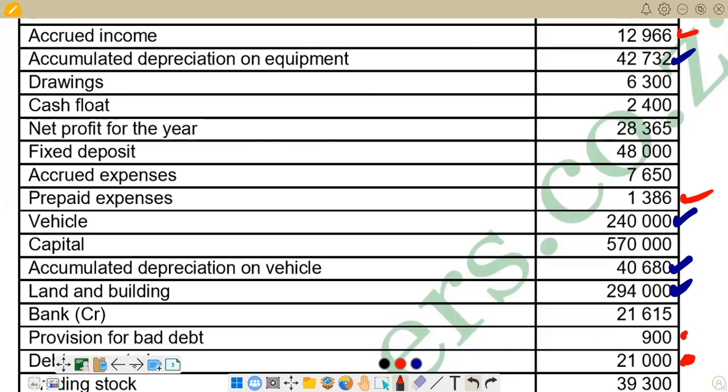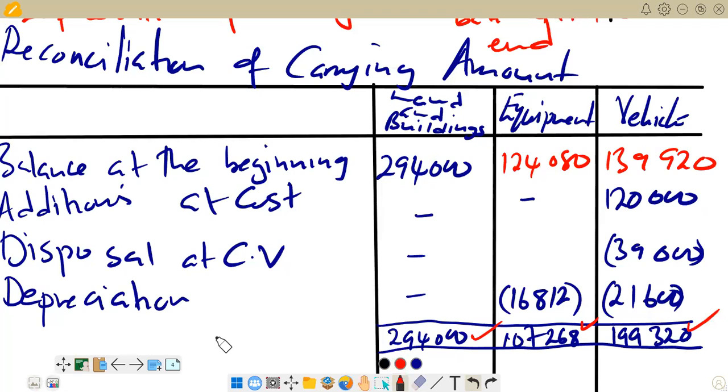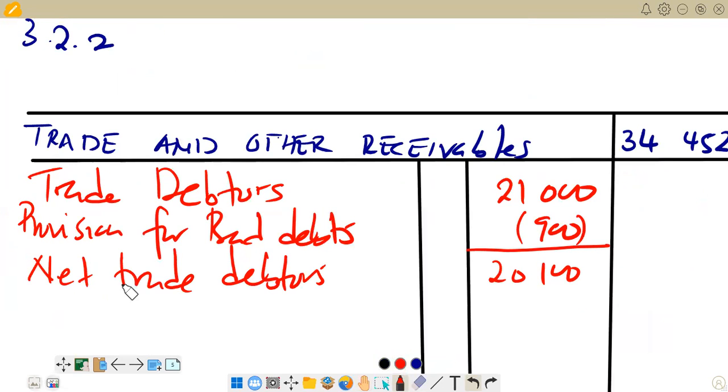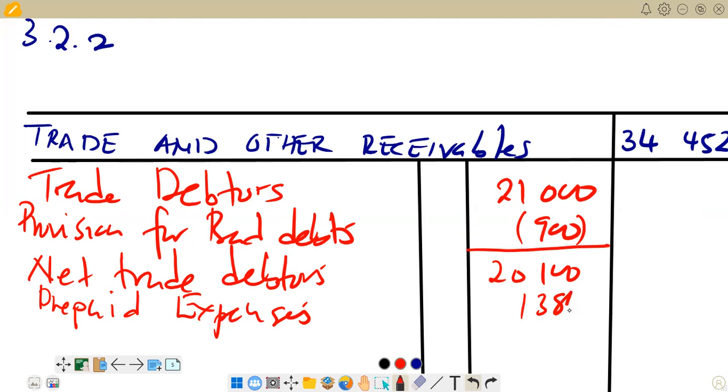So we go there to check what do we have. Right. There we are saying we are now having prepaid expenses, and you have 1,386. And then we've got accrued income.